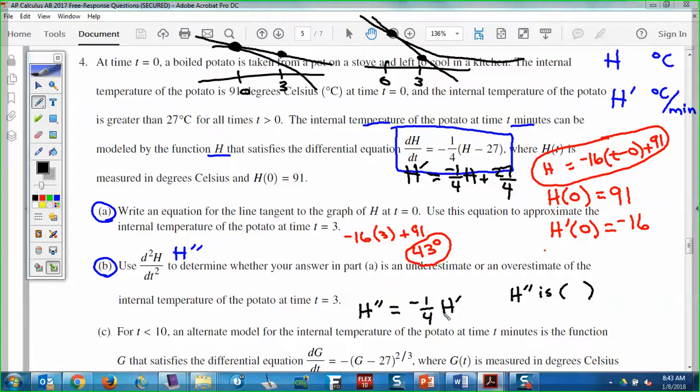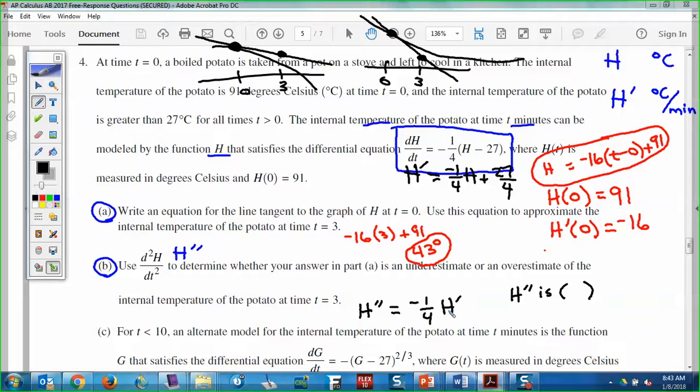Well, what do we know h prime is? It's negative, it's degrees per minute. What's our degrees doing in this potato? It's cooling. Don't we know h is decreasing? Isn't h decreasing in this problem all the time?